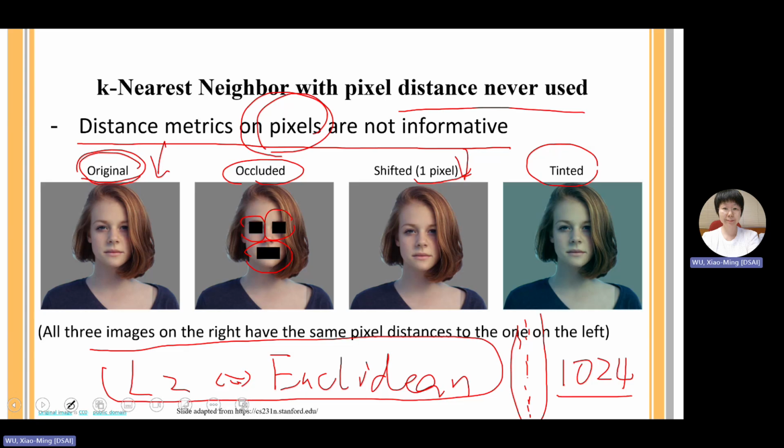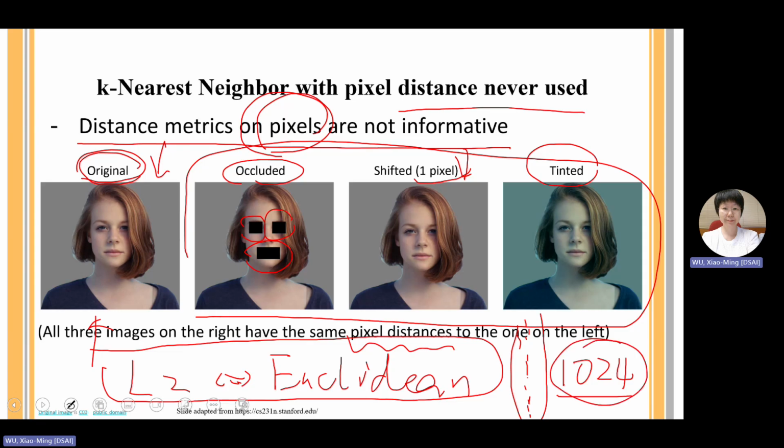Surprisingly, all three images have the same pixel distance to the original image. What do we mean by pixel distance? For example, we flatten the image into a 1024 vector.